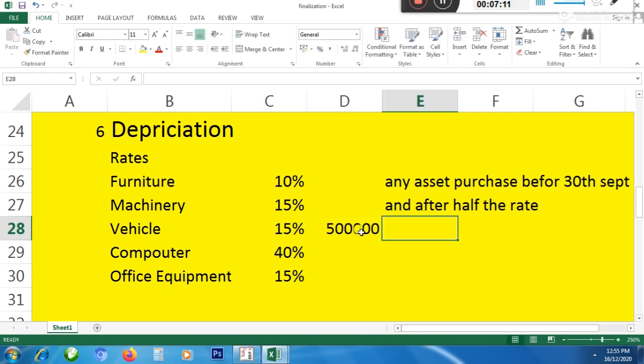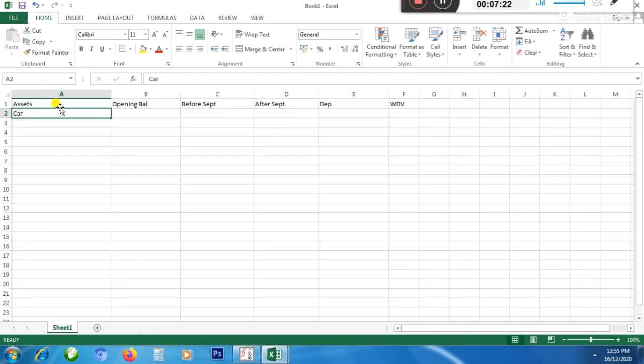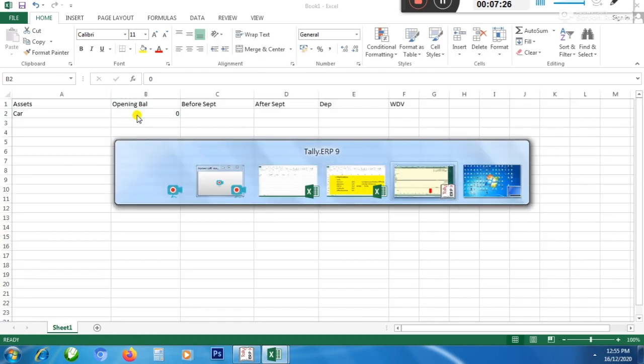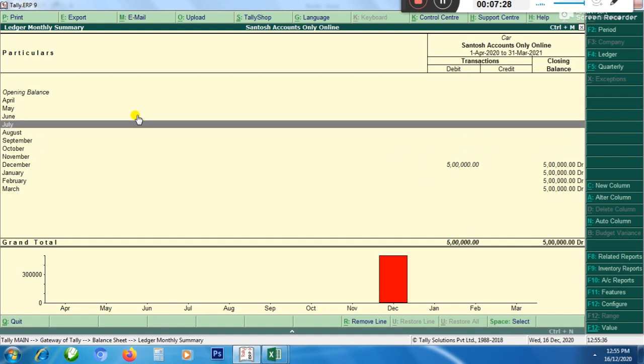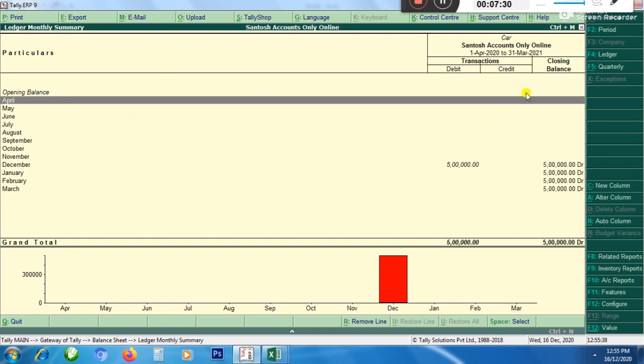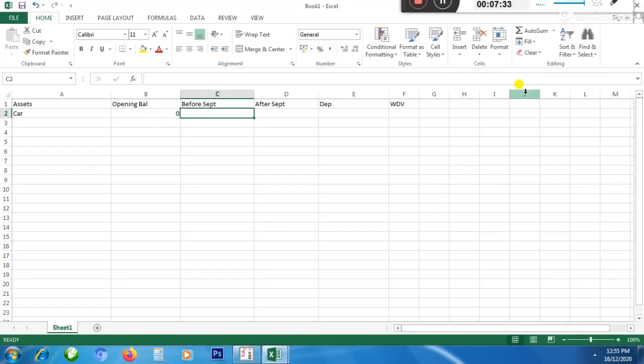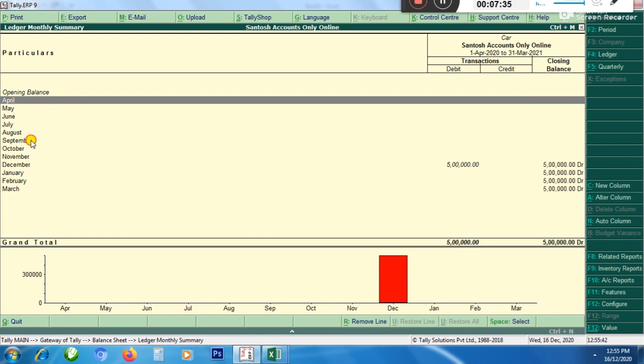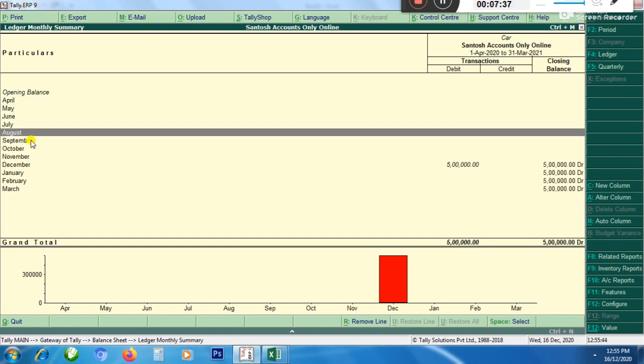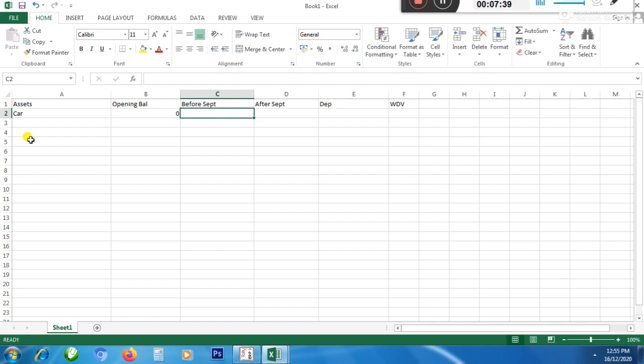So I will calculate 7.5%, the half rate. So depreciation is 37,500. I'll put it here in this table. Car opening balance is 0 because there are no opening balances. Before September this is also 0.